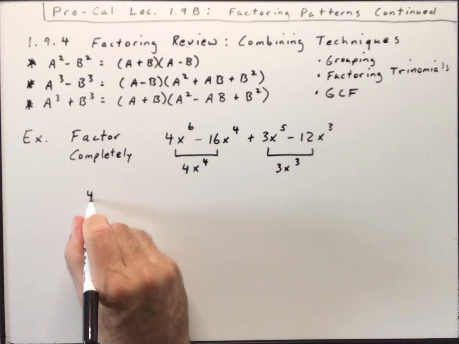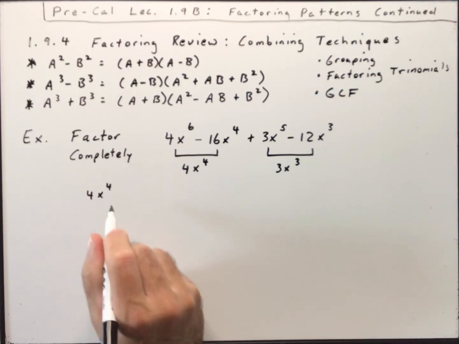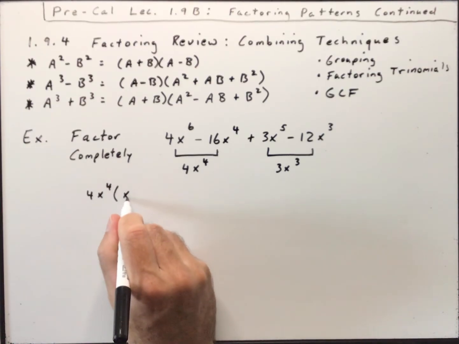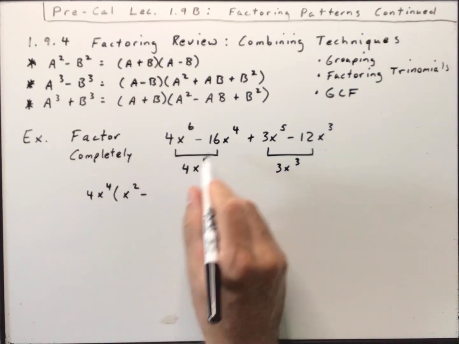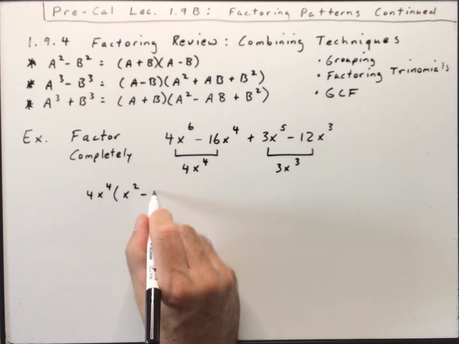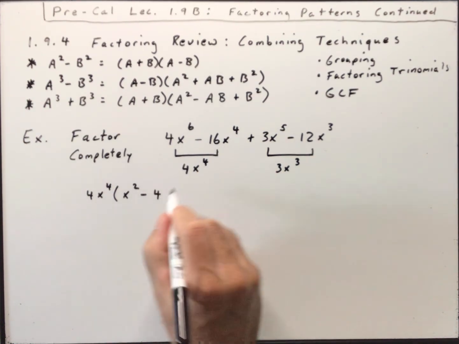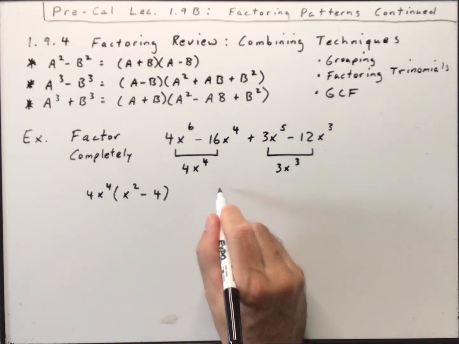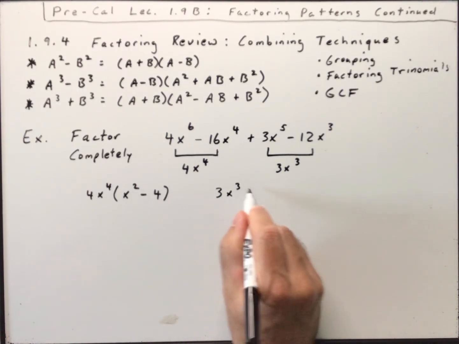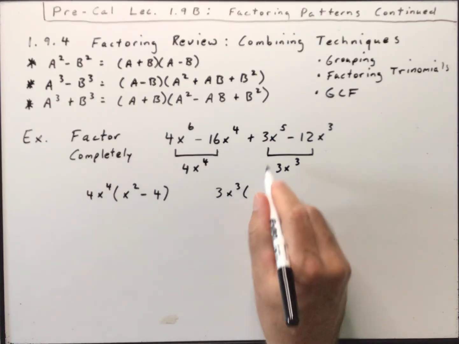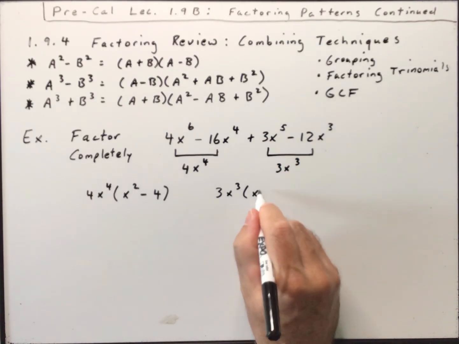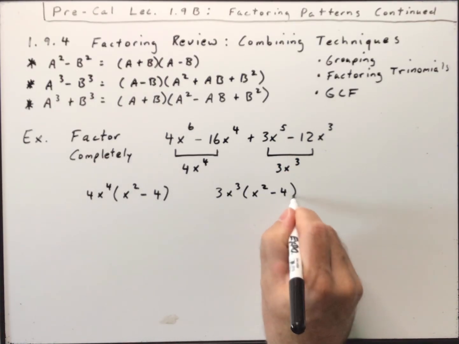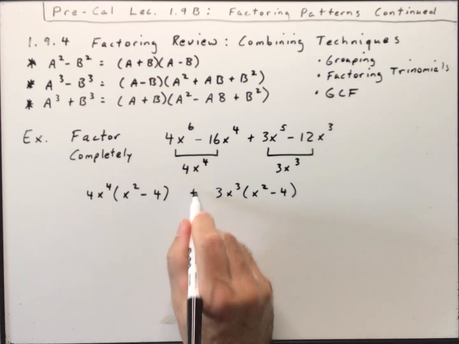If we factor out 4x to the 4th, what's left? x squared minus 16 over 4 is 4, and x to the 4th over x to the 4th goes away. Here we've got 3x cubed, and it should be the same thing, right? x squared minus 4. And I'm going to need a plus in between.